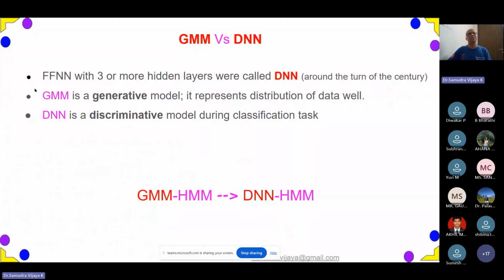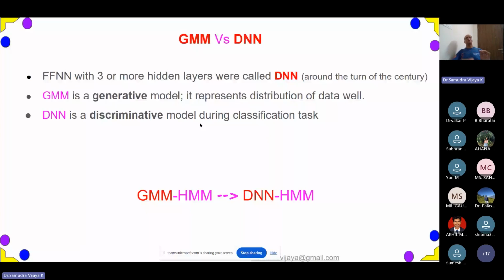The Gaussian mixture model is called a generative model. You might have heard of the generative language model. The Gaussian mixture model is called a generative model because it represents the distribution of data well. Suppose the Gaussian mixture model of vowel A, it knows everything or most of the things about the A, but it knows nothing about other speech sounds. Whereas a deep neural network, on the other hand, is a discriminative model.